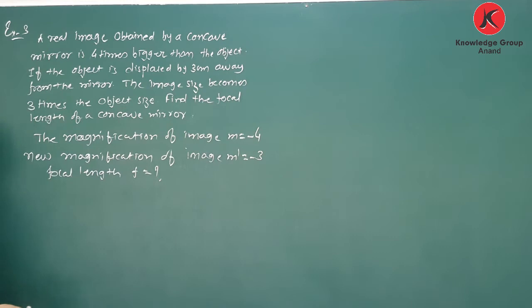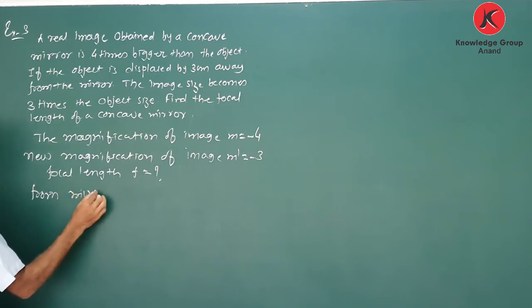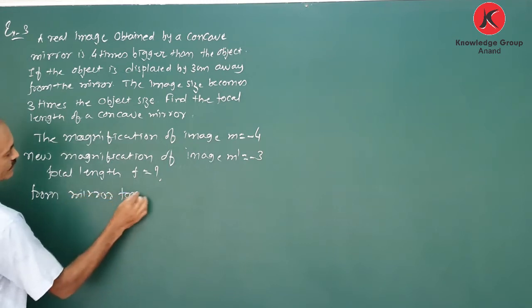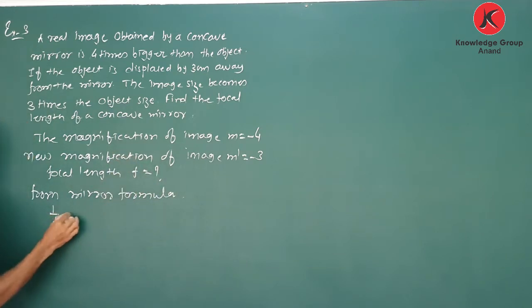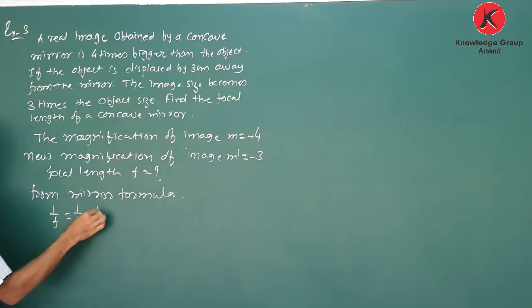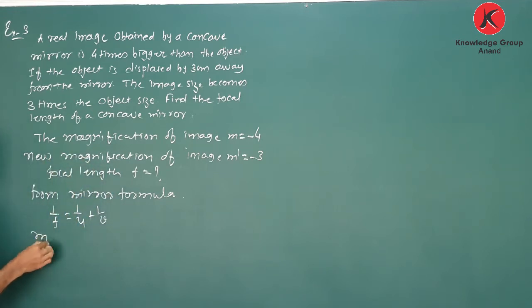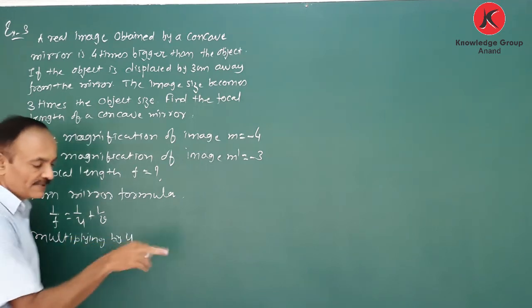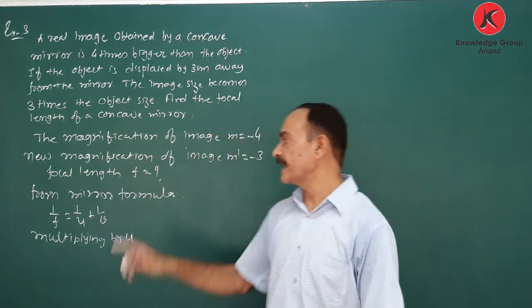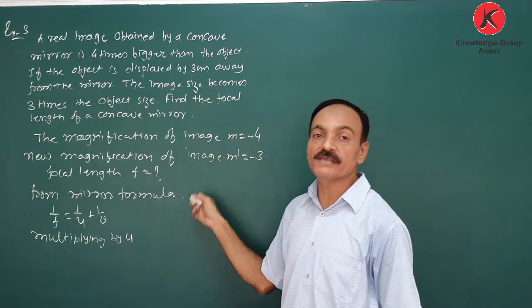For that purpose we are using the mirror formula: 1 upon f is equal to 1 upon u plus 1 upon v, multiplied by u. Why do we multiply by u? Because here the magnification is given, m is equal to v by u.